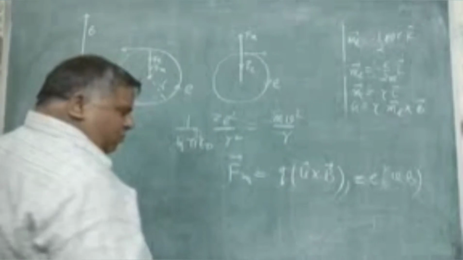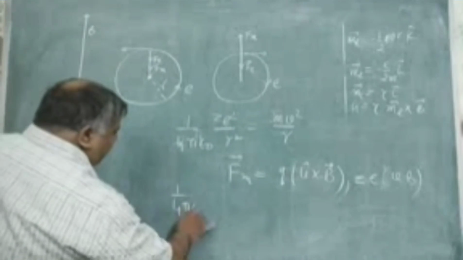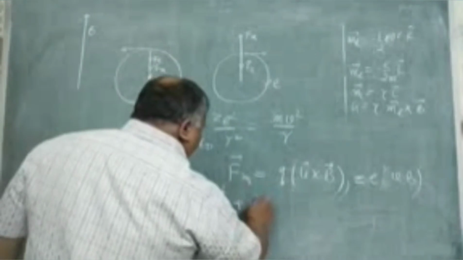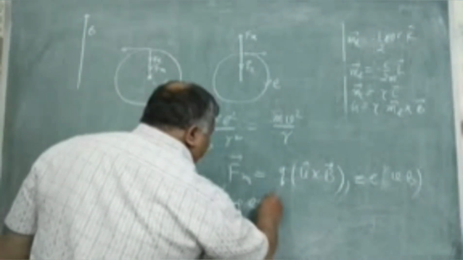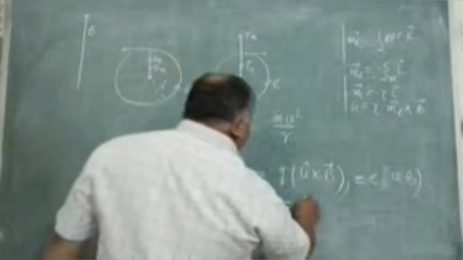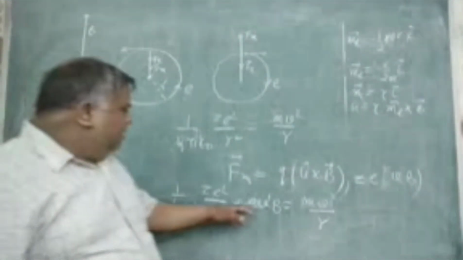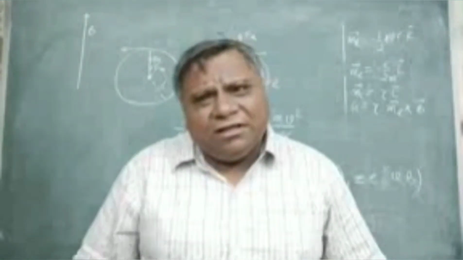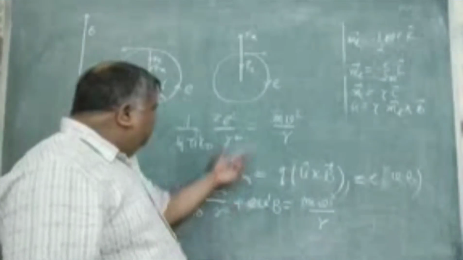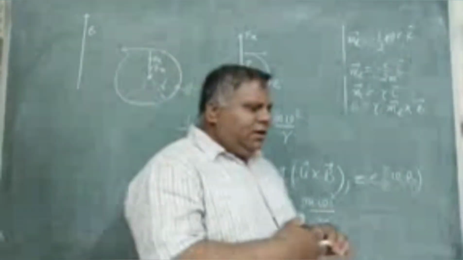So we can write now the equation of motion like this: 1/4 pi epsilon Z square e square over r square plus evB, where V dash is the new velocity in the presence of magnetic field, because now the equation is not the same. This equation is not same as this equation. Obviously the velocity will be different.